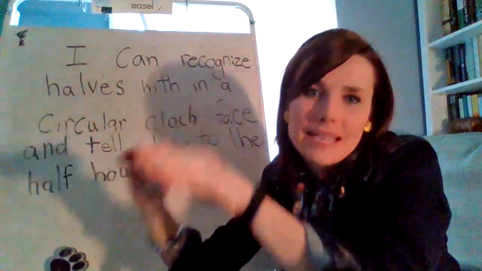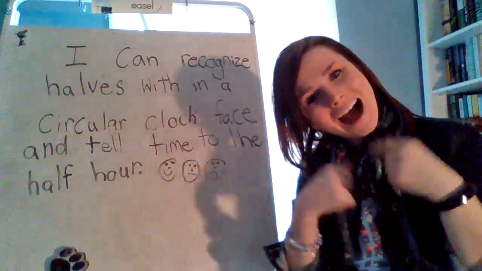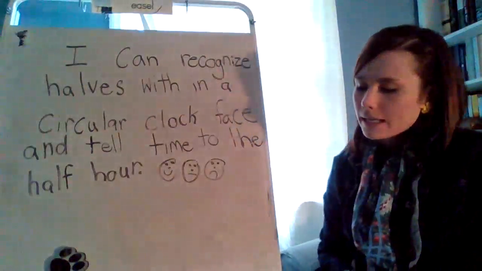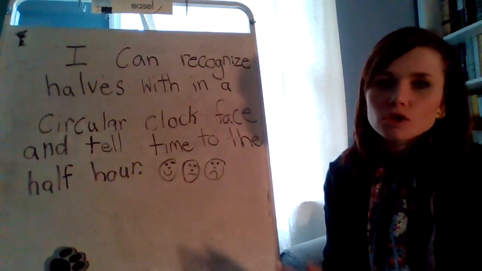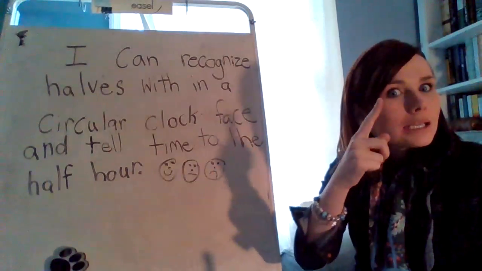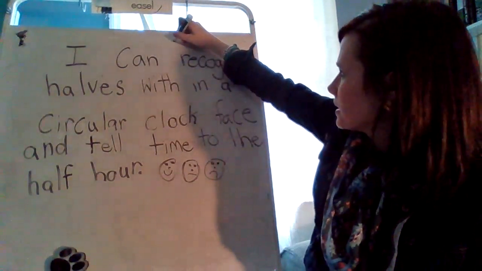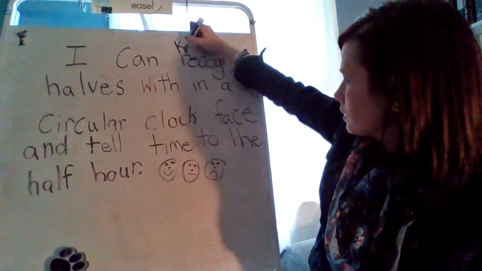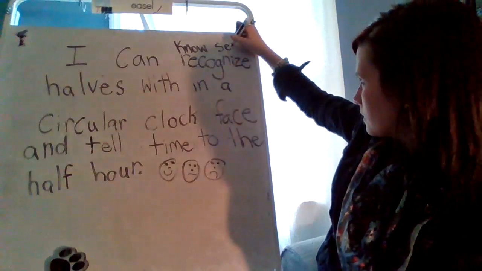Let's break it down. I can, say it with me, I can recognize. What does that mean, boys and girls? To recognize means to know it or see it, right? You can say know or see it.